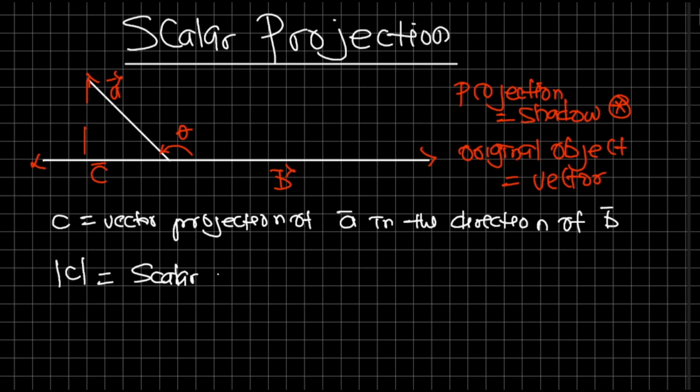Scalar projection is a scalar, not a vector. And how can we compute that? We can basically compute that using the knowledge of Pythagoras theorem and the distance between 2 points.